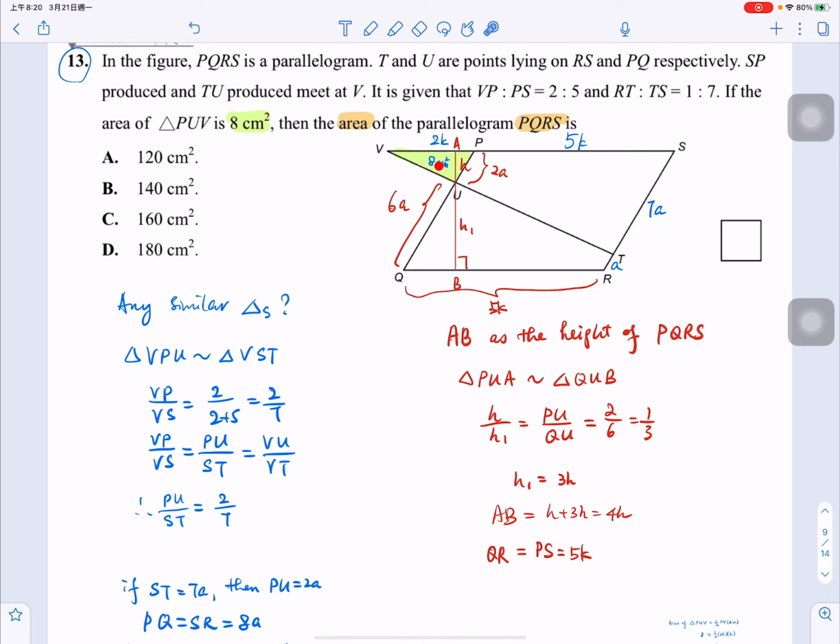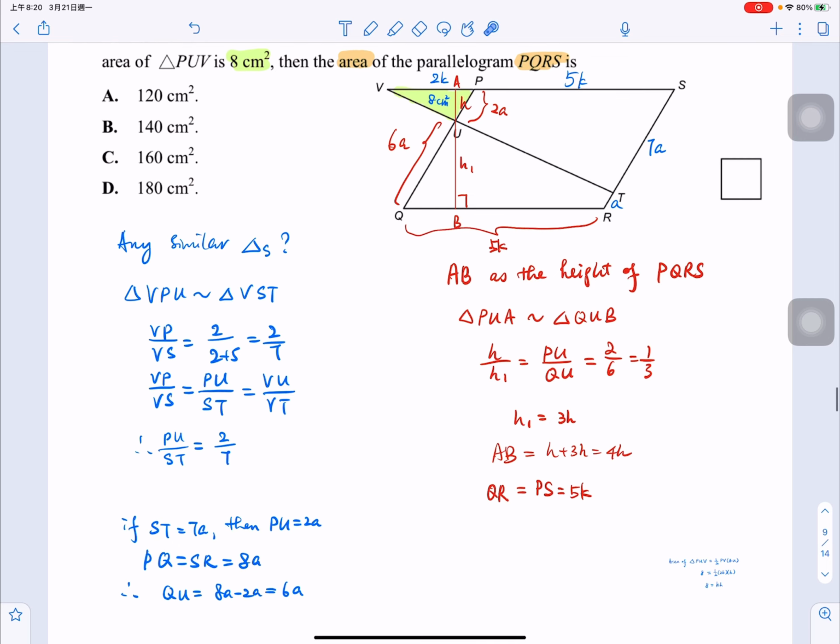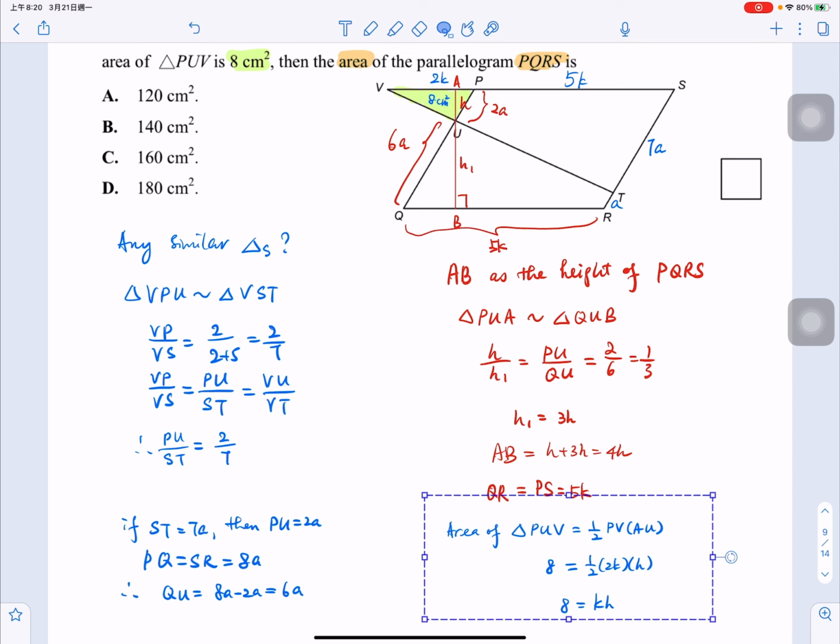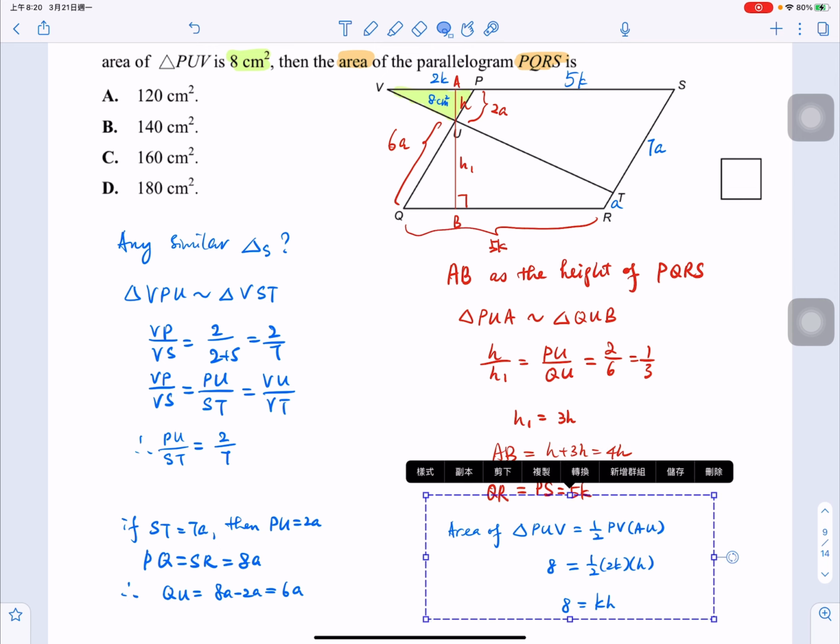Here we have 8 cm squared, right? This one comes from base PV and height of the triangle AU. AU is H, PV is 2K. So by this small triangle, we can find the relation between H, K, and the area 8 cm squared.